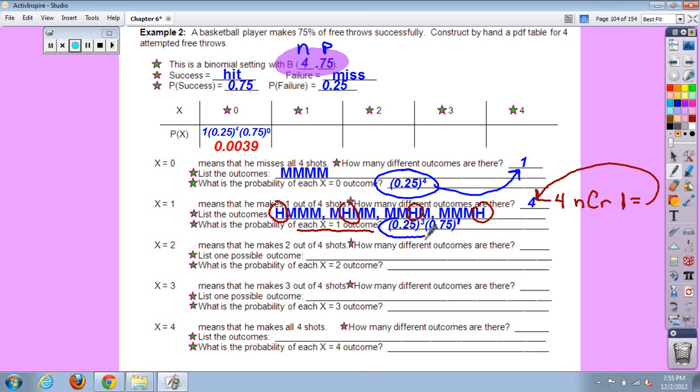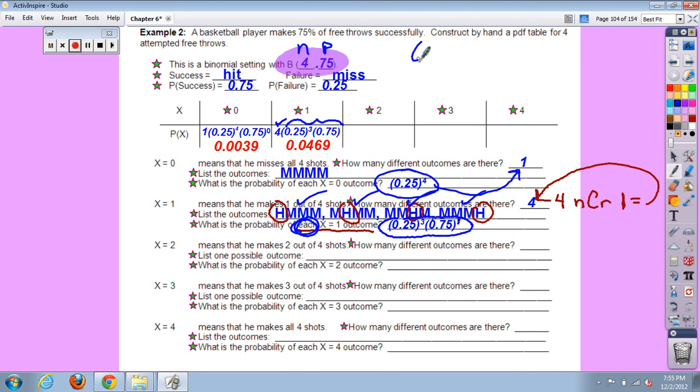Okay, now keep this in mind, this represents each one of these 4 different ways of making 1. So when I come up here to my table, I'm going to say there are 4 ways of doing this all together.